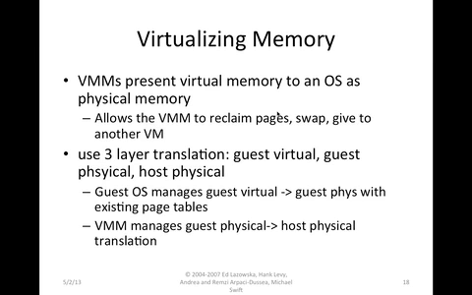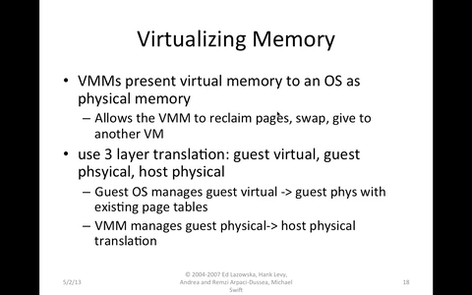For each virtual machine, we're going to have a page table, and we're going to have mappings from the set of addresses that are presented to the virtual machine into real physical memory. The idea is we're going to present these virtual addresses to the virtual machine as if they were physical addresses.